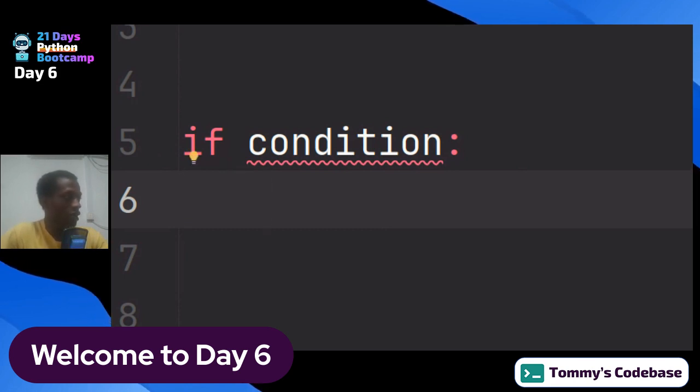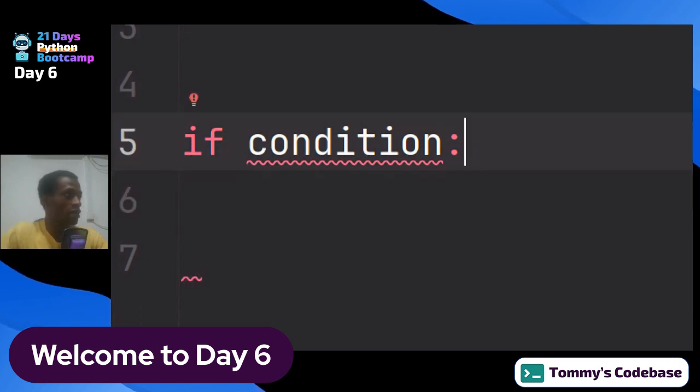That means they are not on the same line as the if, but they are brought inside a little bit, which is 4 spaces to the right. You can also press the tab key to achieve the same effect. So I can press 1, 2, 3, 4, or come back and press the tab key, which takes me to the same position. After our code has been indented, usually you don't have to do these things. The editor will do it for you.